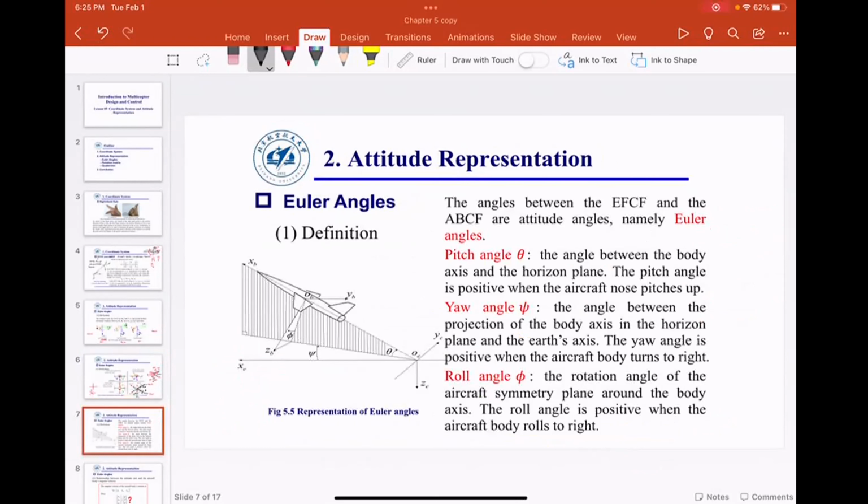So these are the definitions of Euler angles, and these definitions are given in terms of the fixed wing aircraft that we just talked about. You have the pitch angle, the yaw angle, and the roll angle.